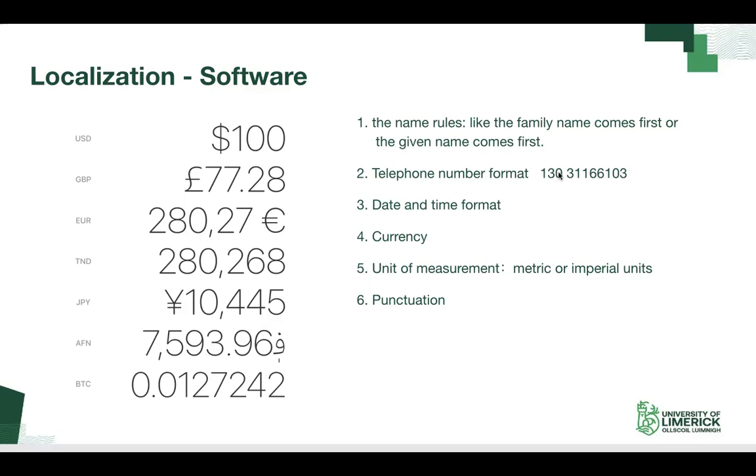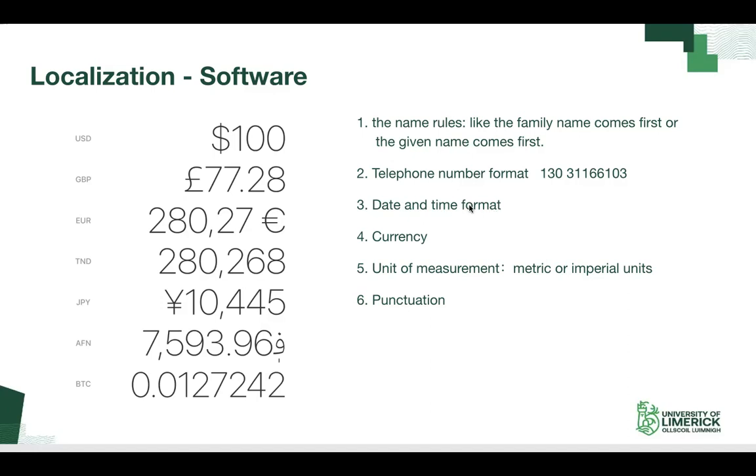I will introduce some interesting things in different areas of China. The next one is date and time format. In the application it always shows like this, but in different countries the format is different. Like in China, the year comes first, then the month, and then the day.